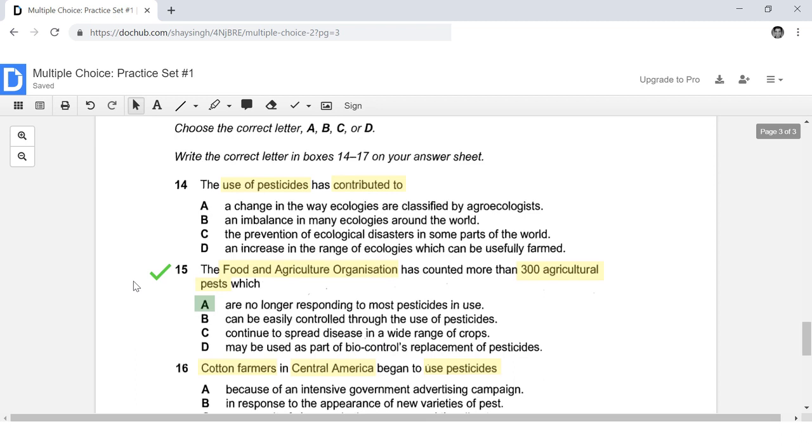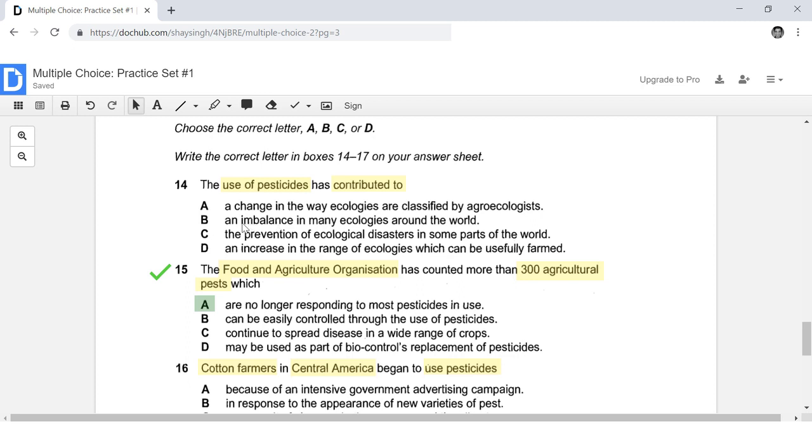So let's come down to our question over here. It says the use of pesticides has contributed to, let's see, A says a change in the way ecologies are classified by agroecologists, says nothing about that. B says an imbalance in many ecologies around the world. Yes, it does mention something about that, it has caused widespread ecological disorders.